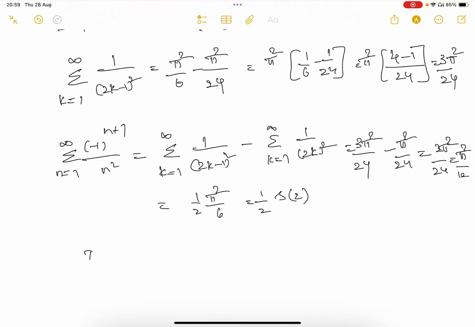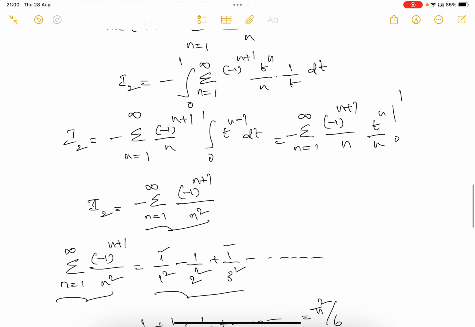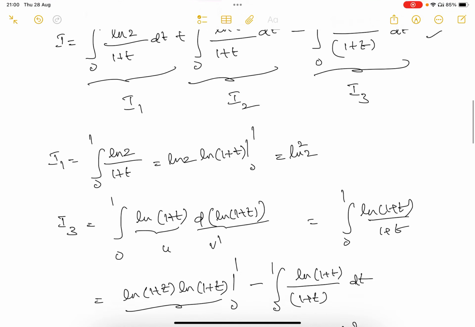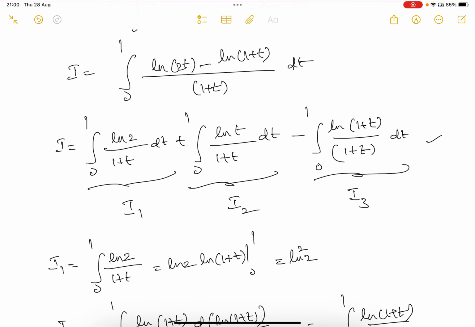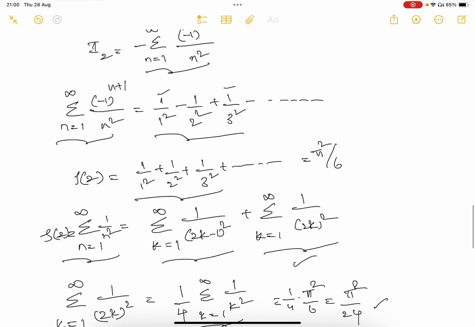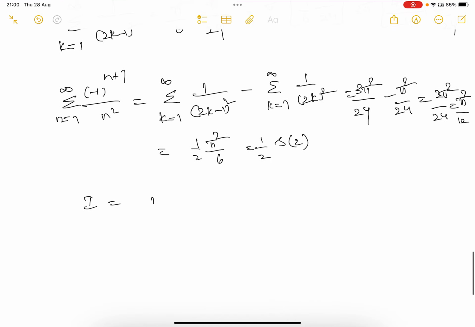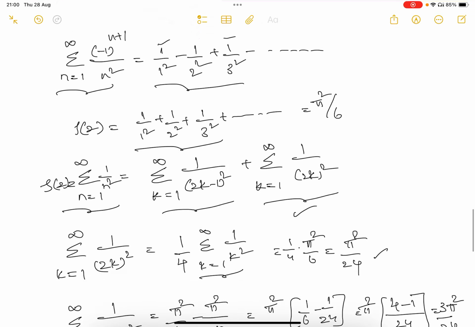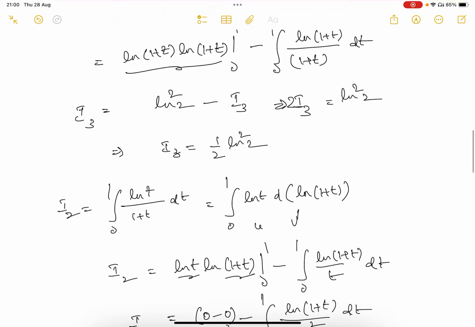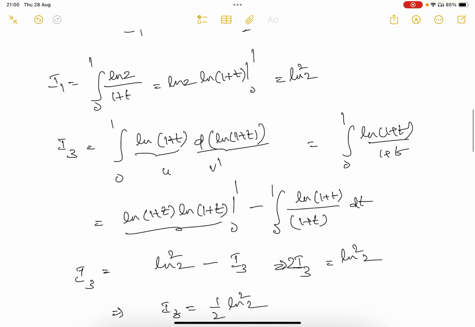Then ultimately, as you can see here, I is I1 plus I2 minus I3. I1 is ln square 2.